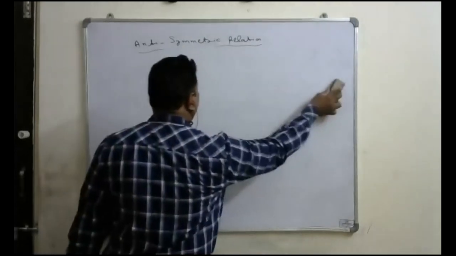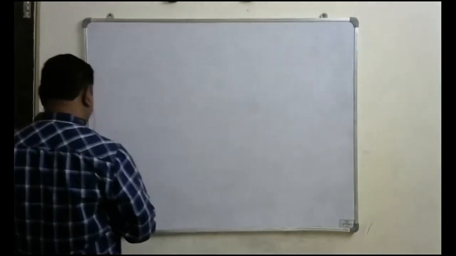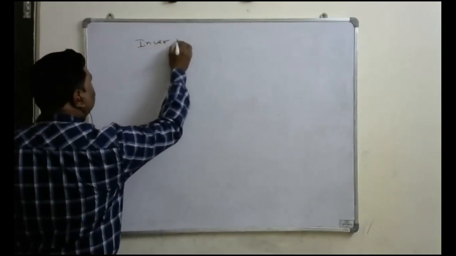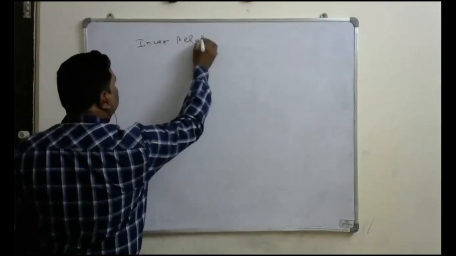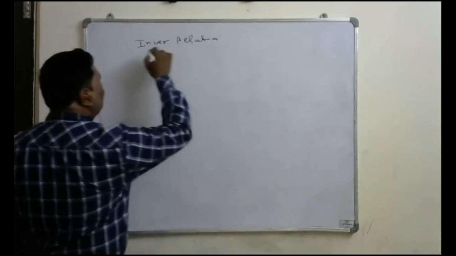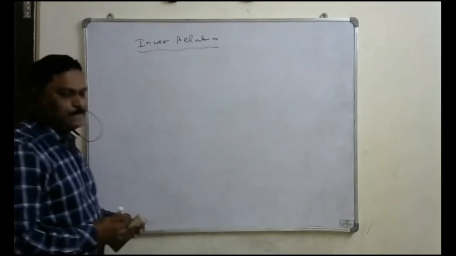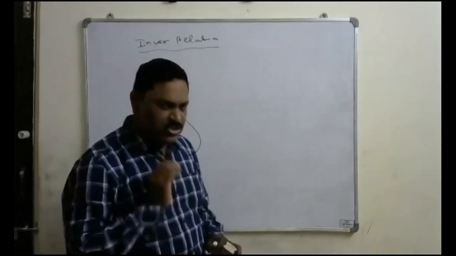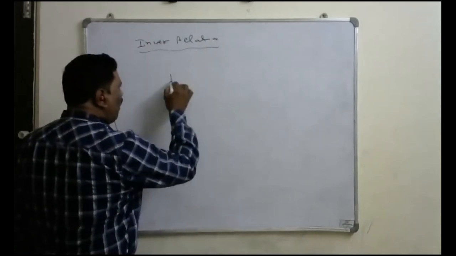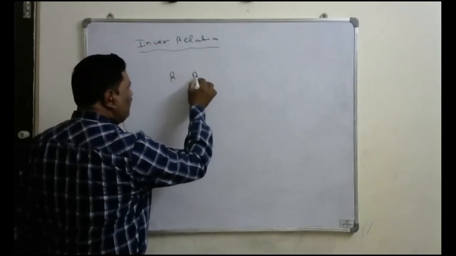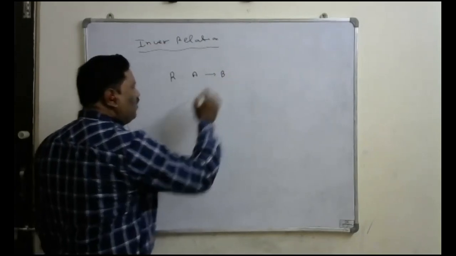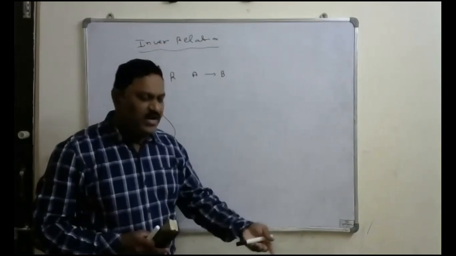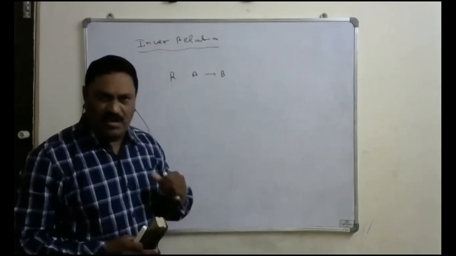Now keep this subheading: the inverse relation. Look at this. What is meant by this inverse relation is nothing but, suppose R is a relation from set A to set B, then automatically a relation will be there from B to A also.